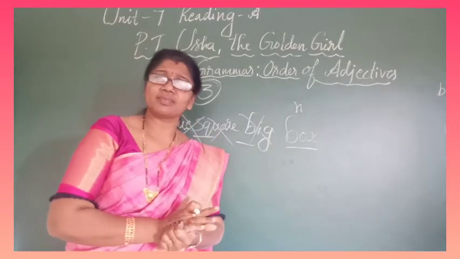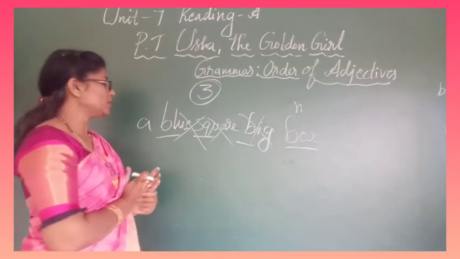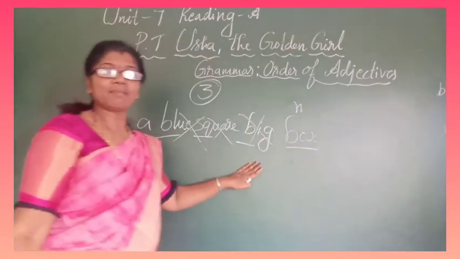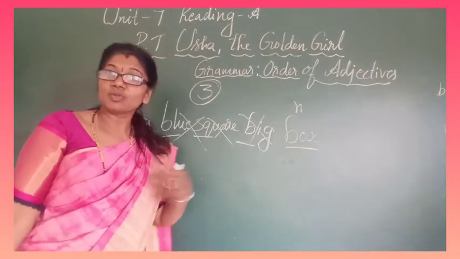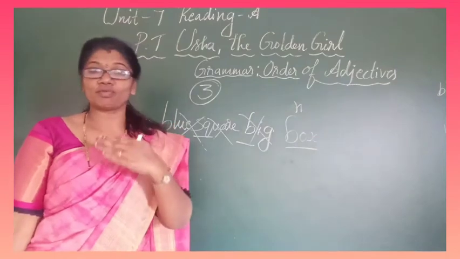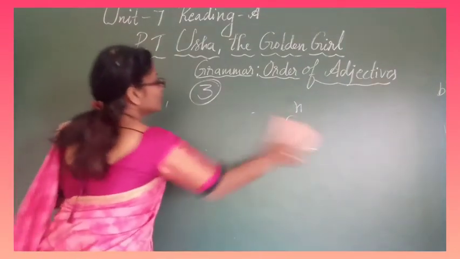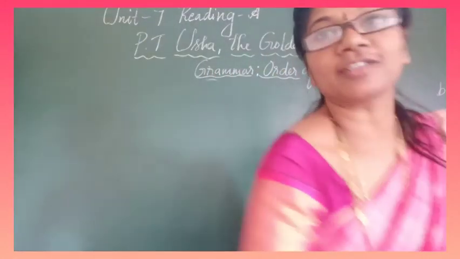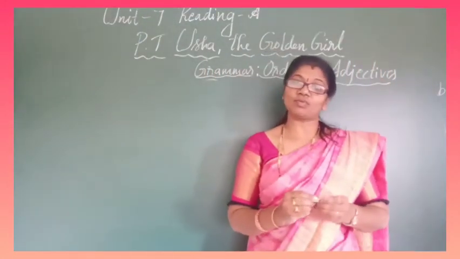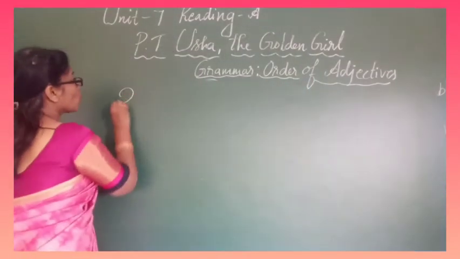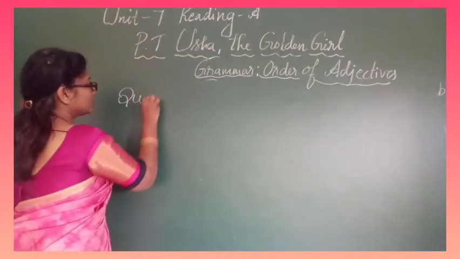Now what is this, ma'am? How should we use them? Let me tell you, you cannot use it in this way. The same example I am going to ask you to write once again after you understand the order of the adjectives. Now let's go with the order of the adjectives. First, you should use the quantity.